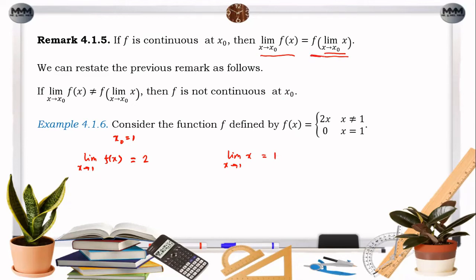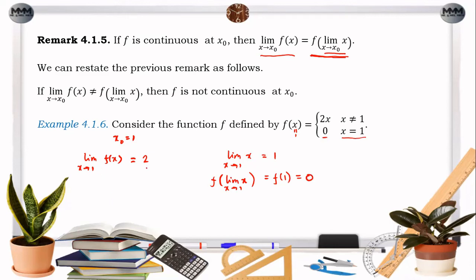Now, to show this one, f of the limit of x as x approaches 1 is, of course, equal to f of 1. We'll just be putting f here. Now here, when x is equal to 1, f of 1 is 0.